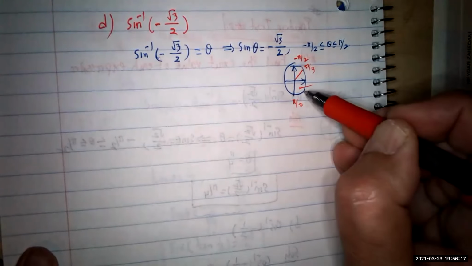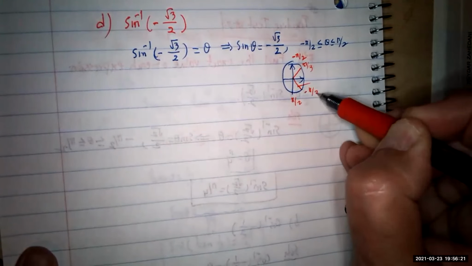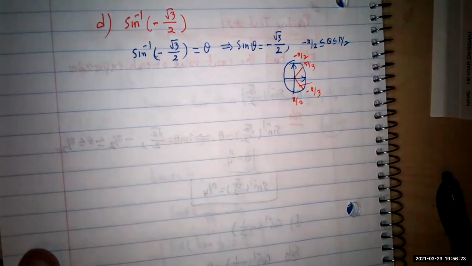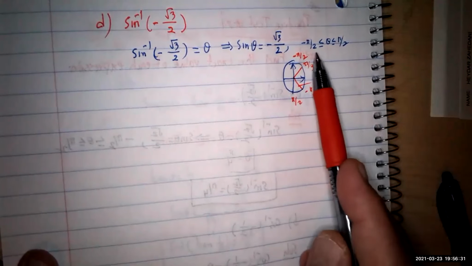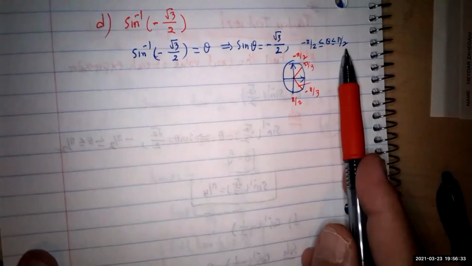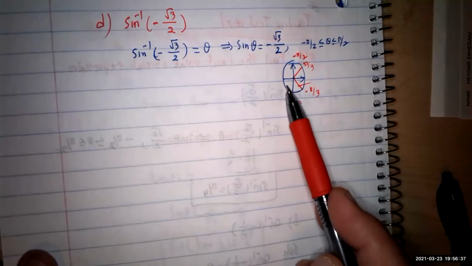Since it's a negative, you have to go to this side: negative pi third. The sine of 60 degrees is radical 3 over 2, but you must be in the fourth quadrant and between negative pi half and pi half. You can go to the third quadrant and you get it, but you cannot have it here.